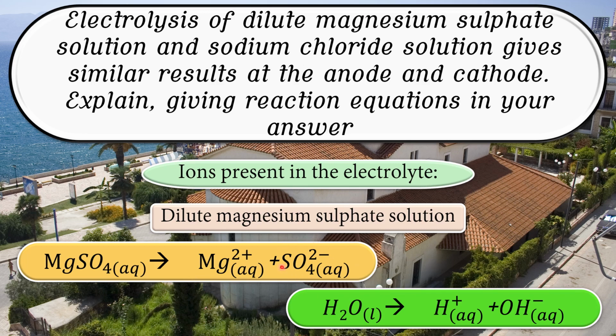Sulfate ions and magnesium ions. Those are the ions that are going to come from magnesium sulfate. But remember that dilute magnesium sulfate solution also contains water. So which means that we shall also get hydrogen ions and hydroxide ions.